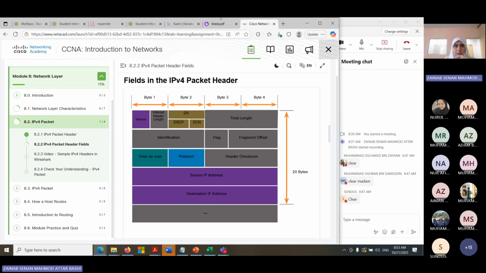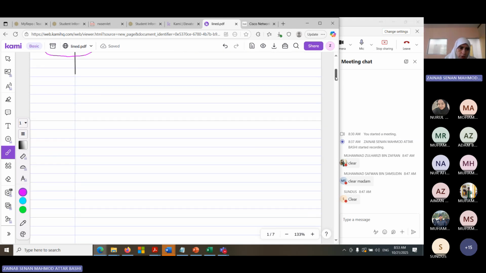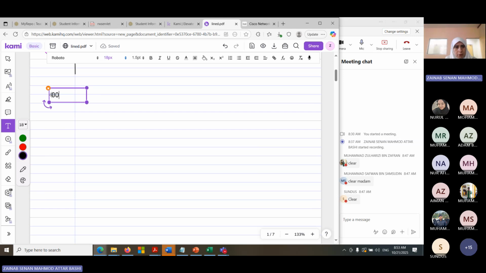That means if we use all the IP addresses of the world, each IPv4 address has 32 bits.